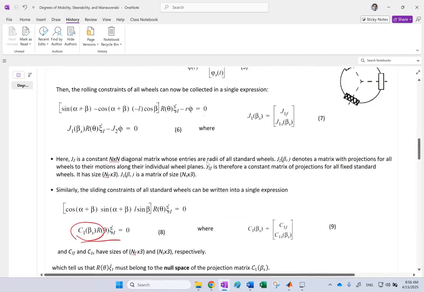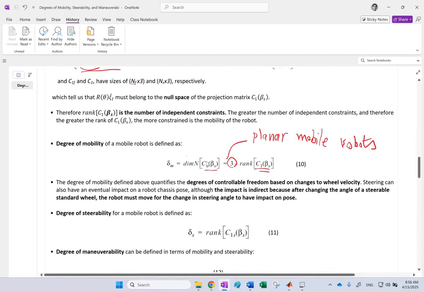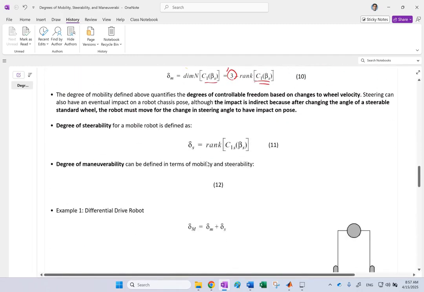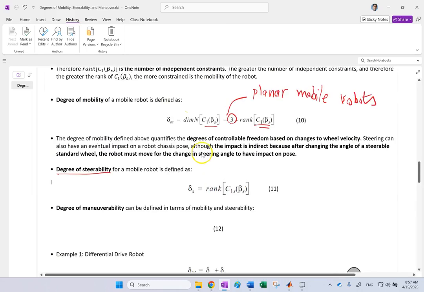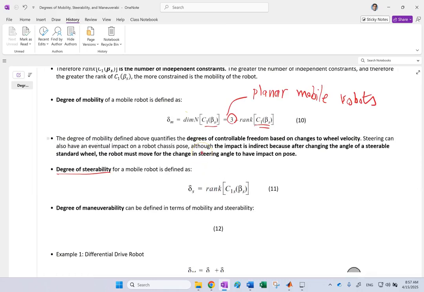Now, with this in mind, let's talk about the 2 other degrees of freedom. One is degree of steerability. How do we define it? Before I tell you that, I need to talk about a small thing. This degree of mobility I just defined for you is actually showing you the degrees of controllable freedom based on the change in the velocities of the wheel.